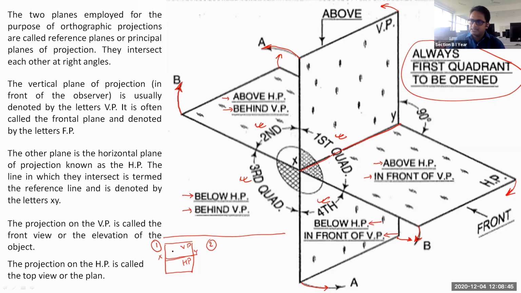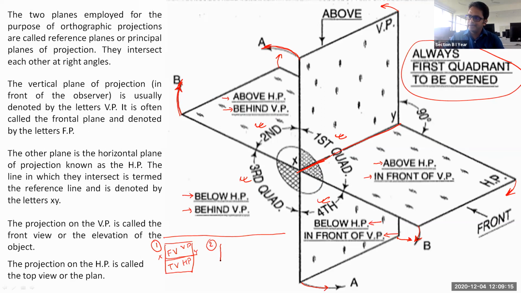Here for this first case, your top view will come here, and here your front view will come. Now come to the second quadrant. If the object is placed in second quadrant, what is happening? This plane is coming in this direction and this plane is going in this direction, and this is your reference line at the center.